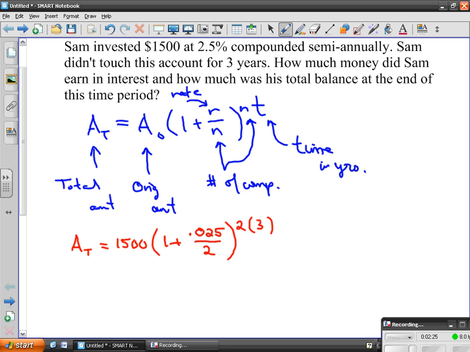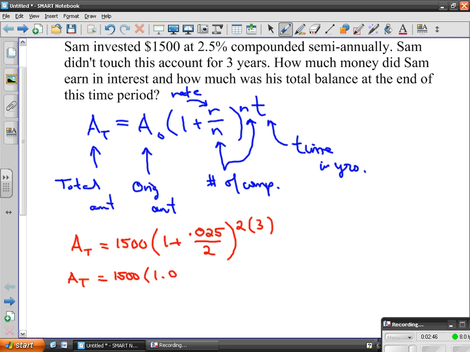Okay, I want to clean this up before typing it into my calculator. And I do advise that you use a calculator with a viewing screen, if at all possible. In this case, I have $1,500 times 1 point, 0.025 cut in half is going to be 0.0125.